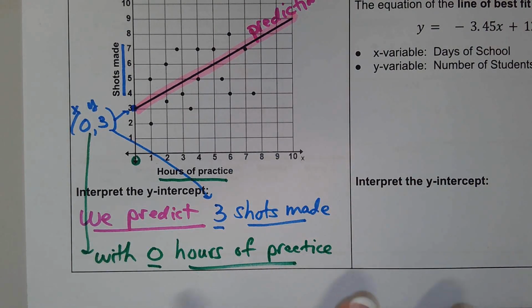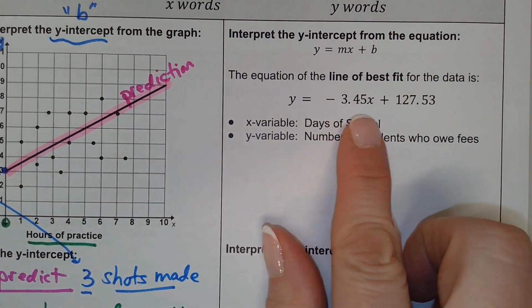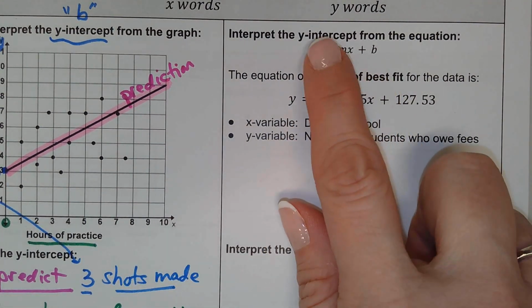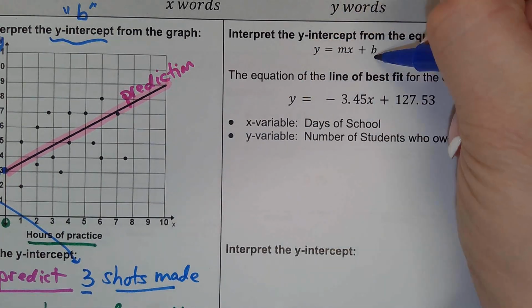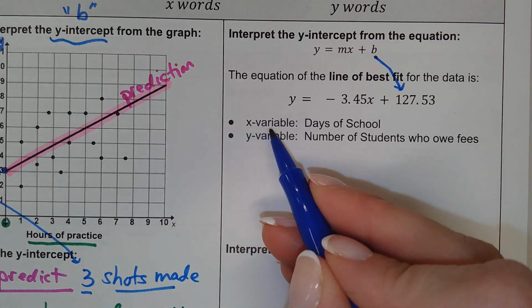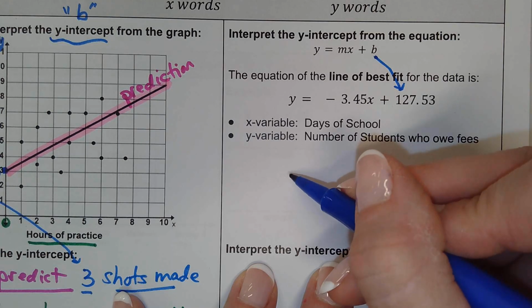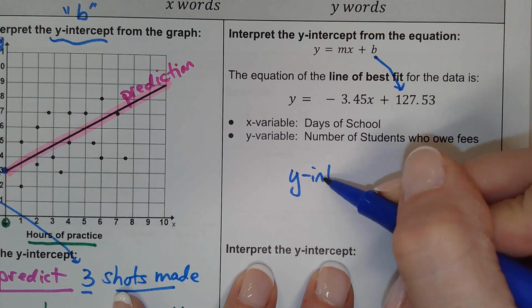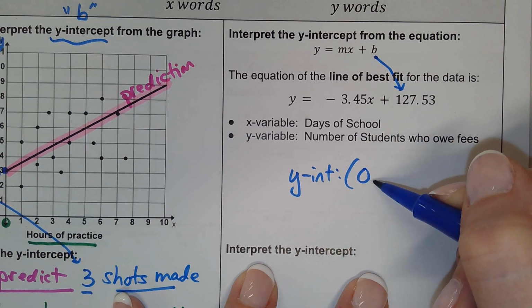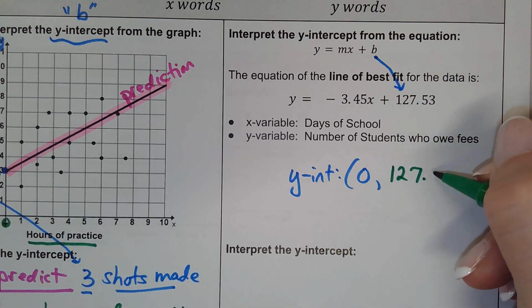The x number, the x words. You also have to be able to do this without seeing a picture. If they give you the equation, the y-intercept is the b number right there. But they'll explain to you what x and y mean. So the y-intercept for this problem is 0, comma, 127.53.